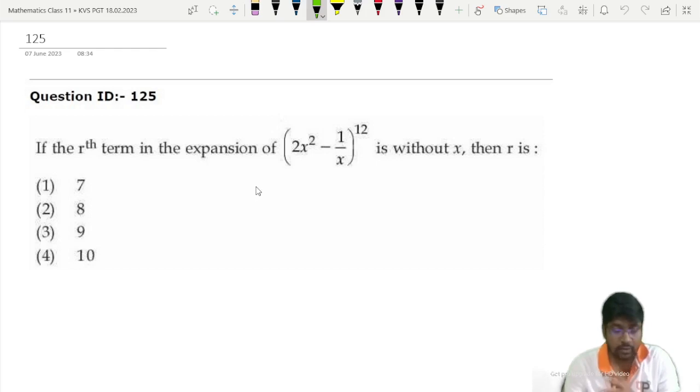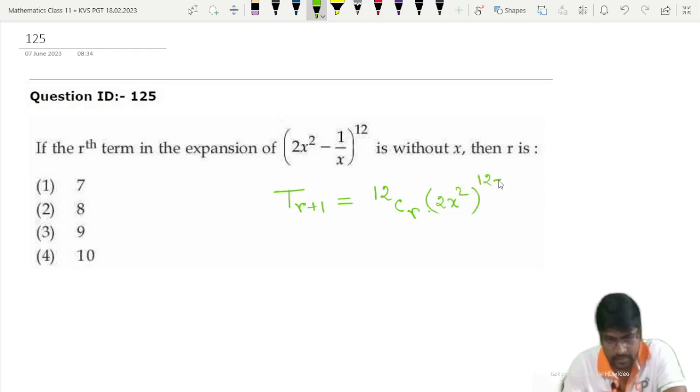We know that the r plus 1th term, tr plus 1, will be equal to 12cr (2x square) whole to the power 12 minus r into (minus 1 by x) whole to the power r. That is the formula for the r plus 1th term.